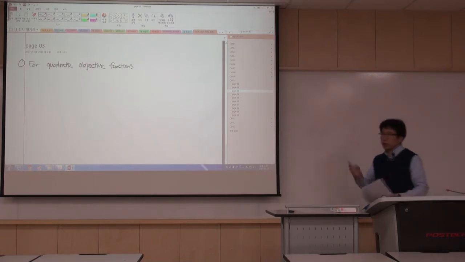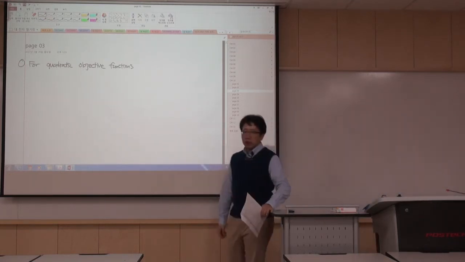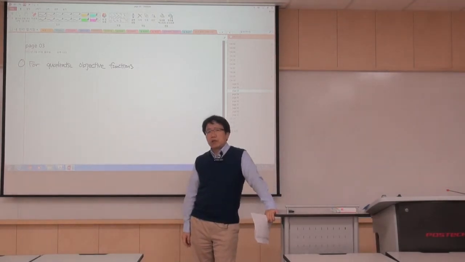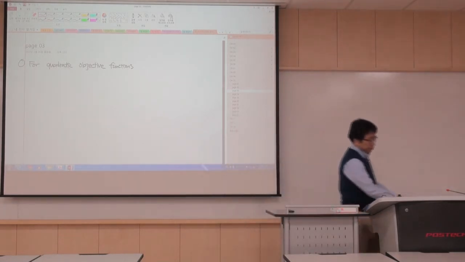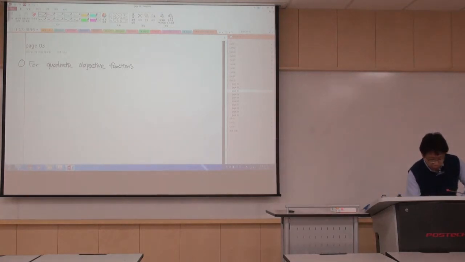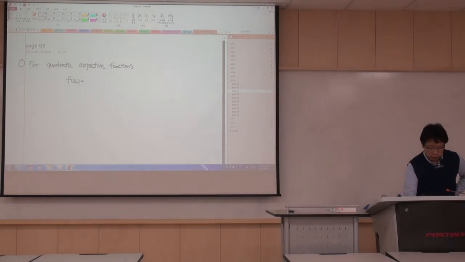The reason why we restrict our interest to quadratics is that it is easy to analyze the performance of our algorithms. Okay. So generally, a quadratic objective function from Rn to R is given like this.